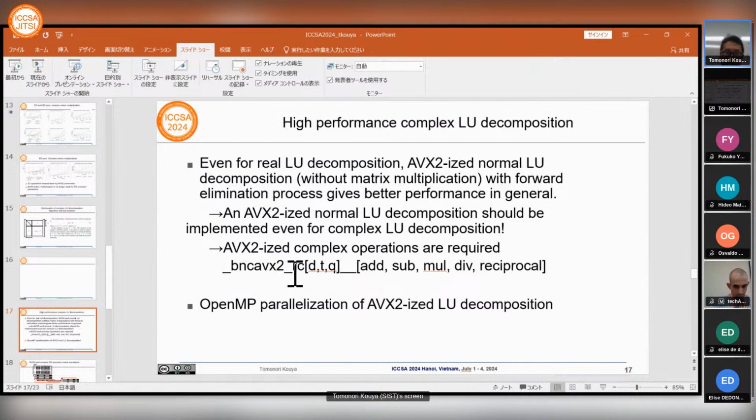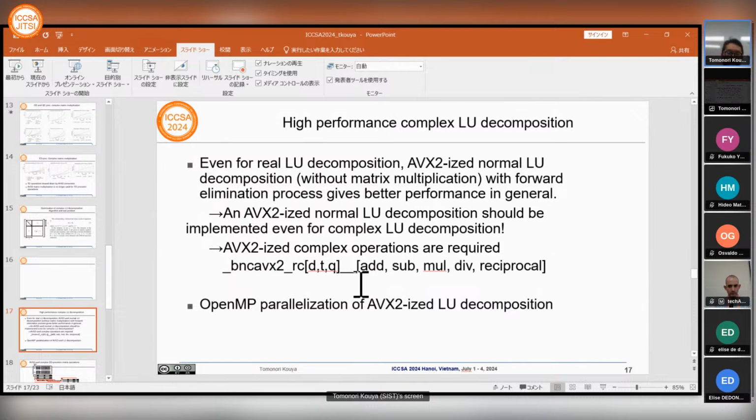So when implementing complex LU decomposition, simulated normal LU decomposition is very important for users to get the best performance. So we prepared simultaneous complex operations such as BNC FX2 functions: addition, subtraction, multiplication, division, and reciprocal functions.